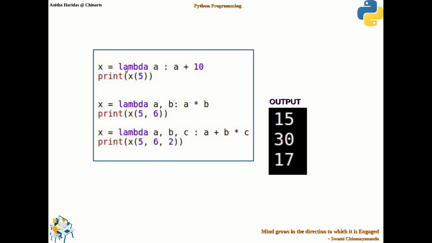Here the lambda function will have their own local namespace. So in the local namespace, it can access only the arguments, whatever arguments you are declaring here. So this function can access the argument A. This function can access arguments A and B. This function can access arguments A, B, C. So only the parameters or the arguments that are declared here can be accessed.